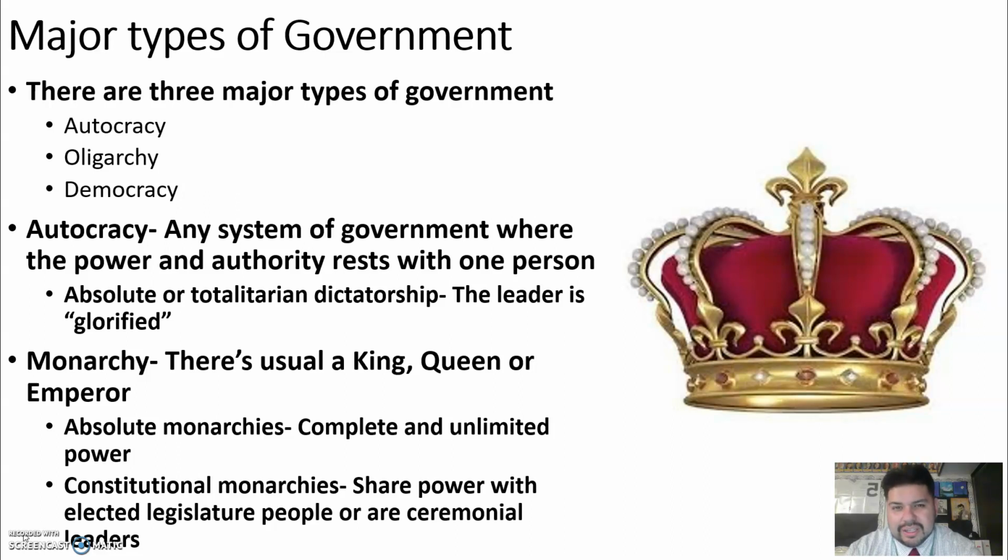The other type of monarchy is the constitutional monarchy. This is when the king or queen shares power with the elected legislature, and they're basically seen as ceremonial leaders. The King of England is a great example of that. The King and Queen of England, I should say, because they really don't have that much power.